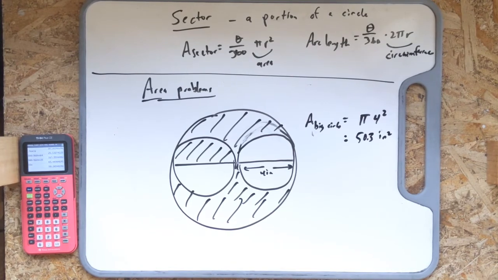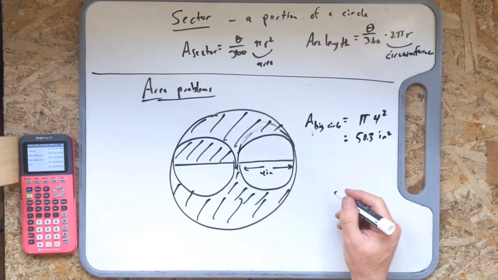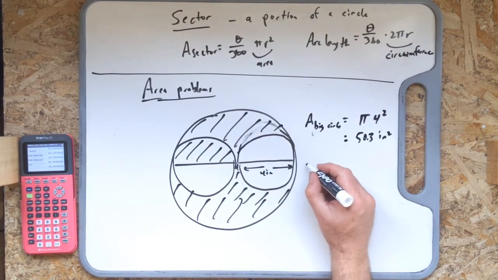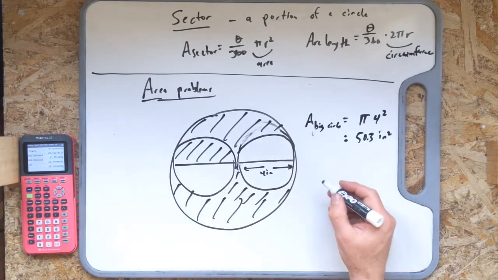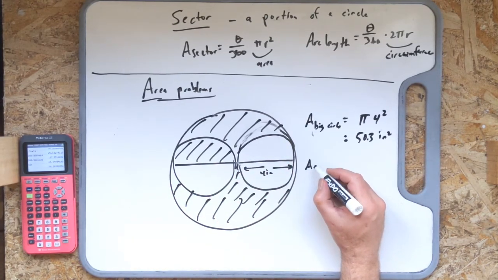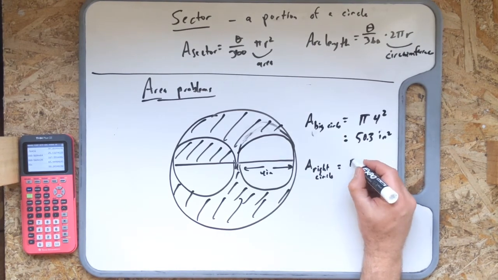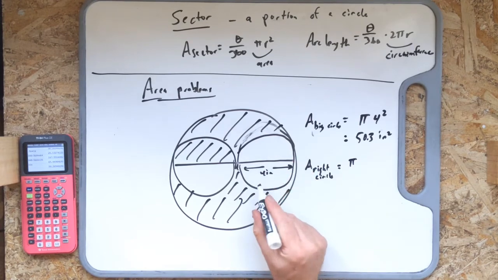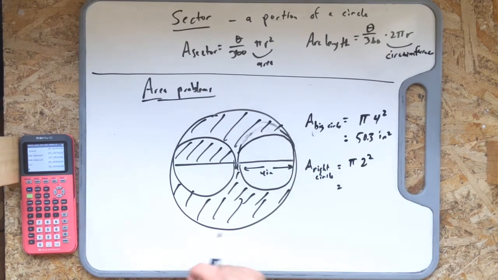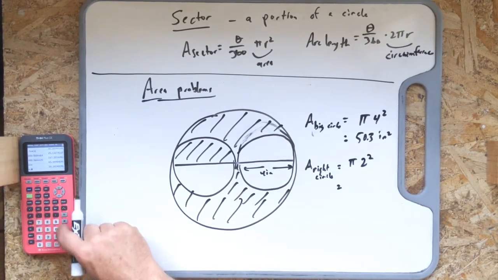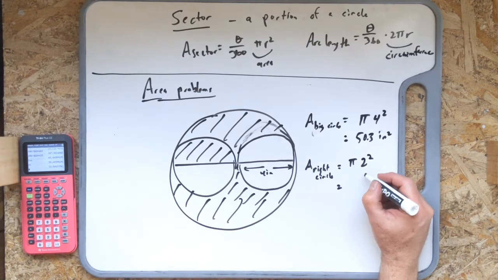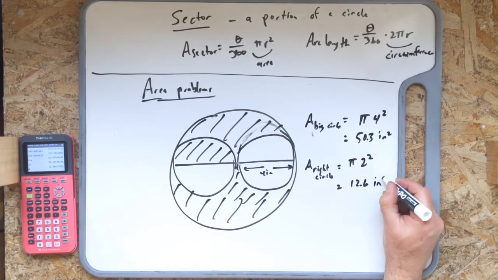Okay, now we have to subtract out this circle and half of this circle. So the area of the right circle is just going to be pi, and not 4 squared, but rather 2 squared. 4 pi, 12.6 inches squared.